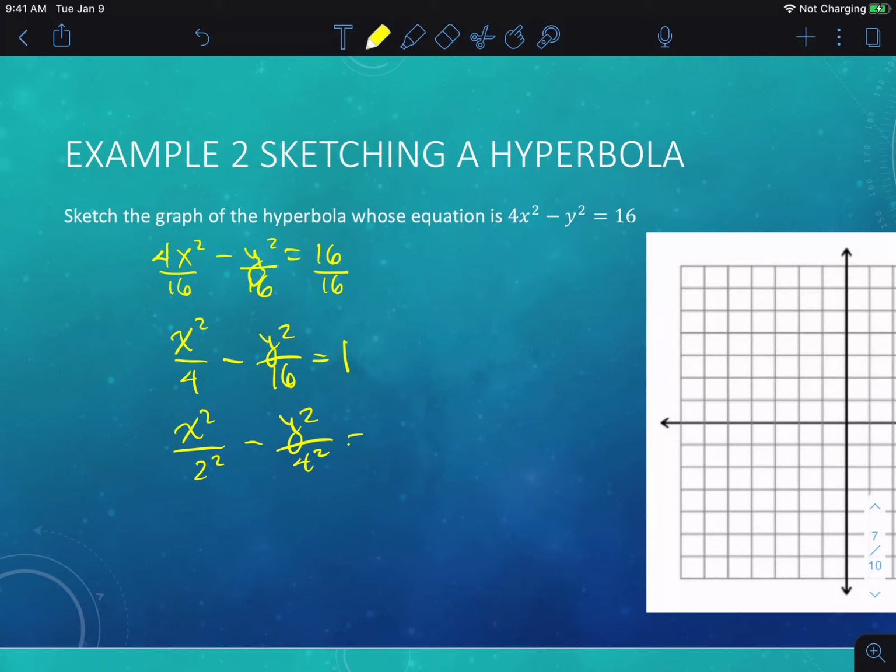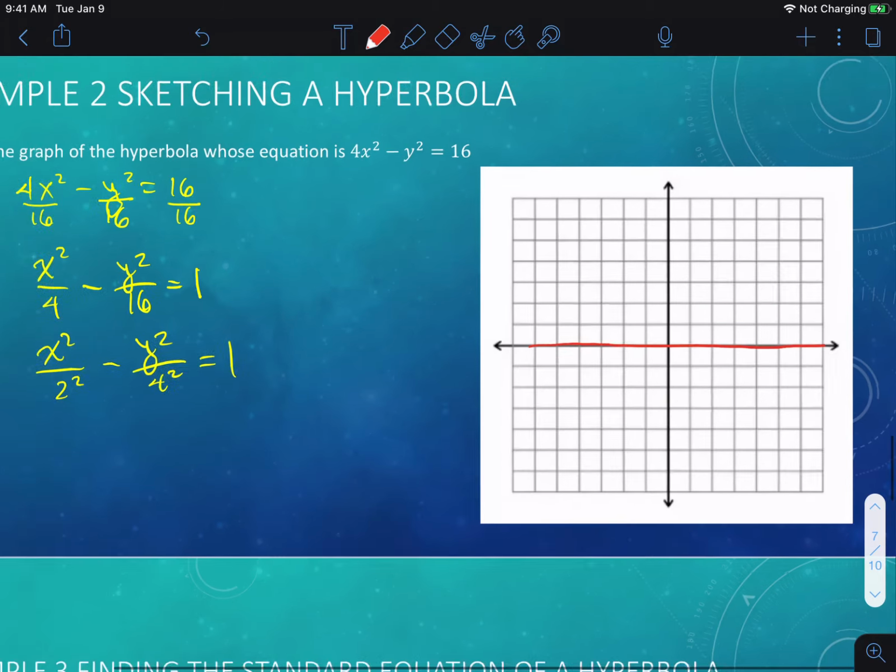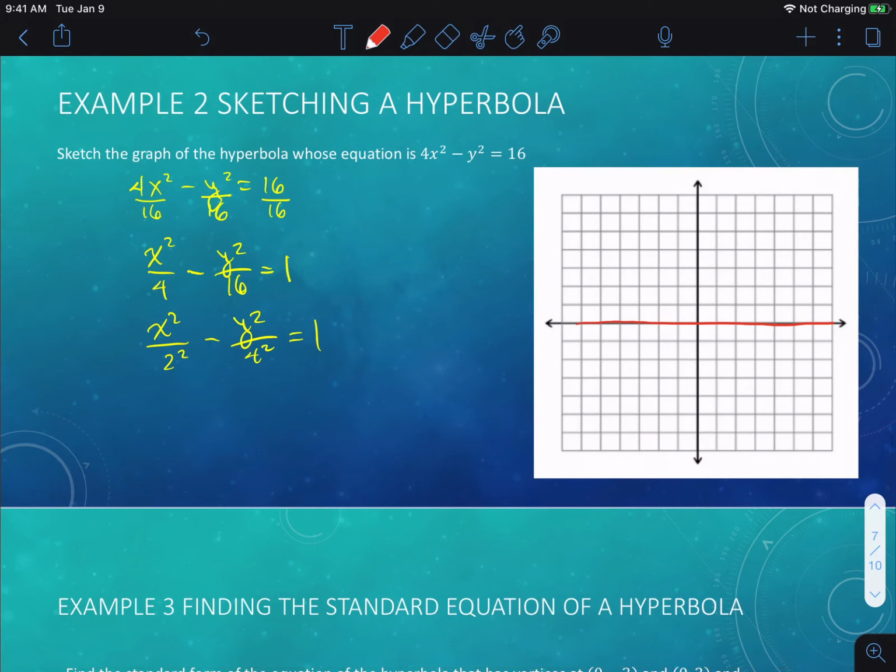So here you can see right away that we have a horizontal transverse axis, because we have x squared over a squared, so we know that this guy right here is going to be our transverse axis. It's going to be horizontal there. So I'm going to say that a then is equal to 2 and b is equal to 4.